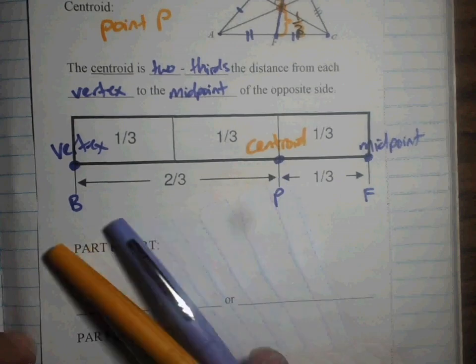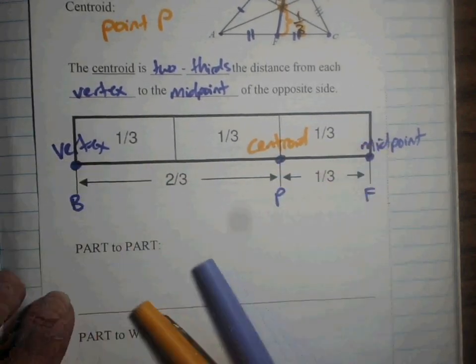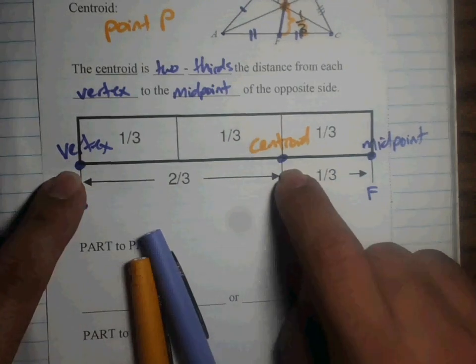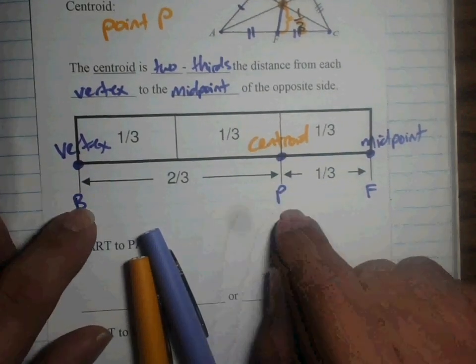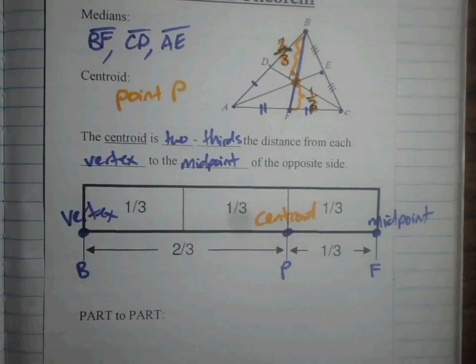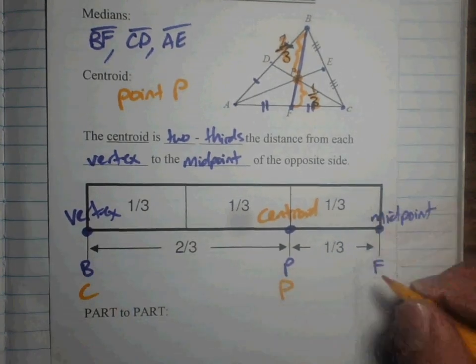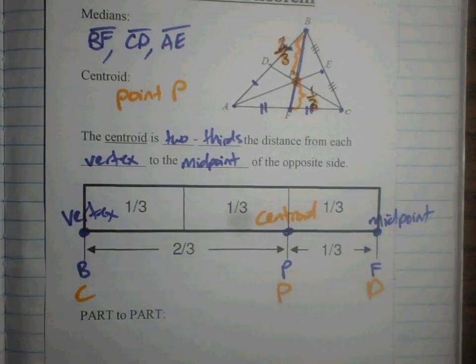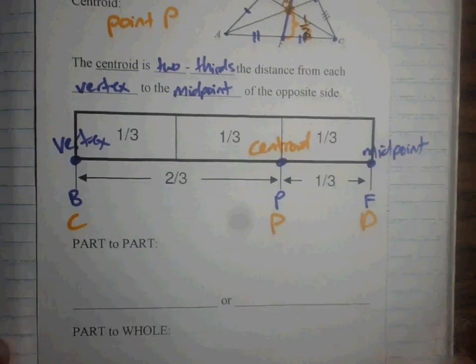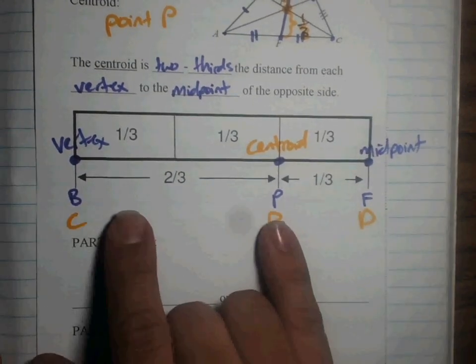But that's the idea. If you have the full distance from the vertex to the centroid, any single one, it could be B to P, A to P, all the way to E, or C to P to D. It doesn't matter. This is still 2/3 of the way, not half the way, and this is the rest.